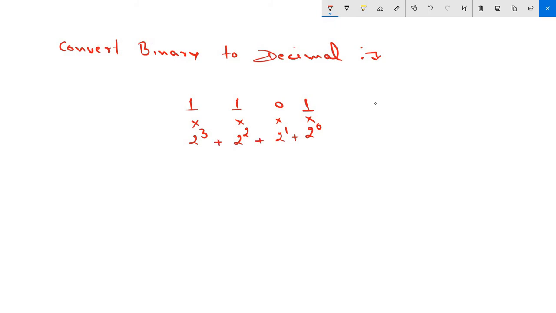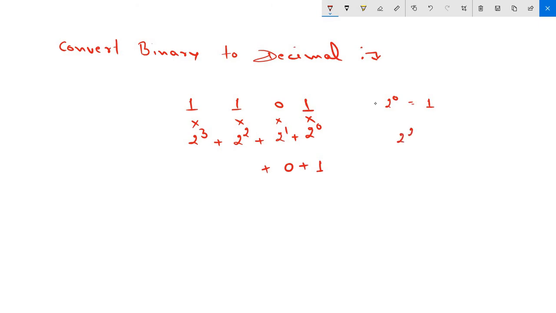So always remember, the power of 0 of any number, the result is 1. So 2 the power 0 is 1, and 1 into 1 is 1. 2 the power 1 is 2, and 2 multiplied by 0 is 0.